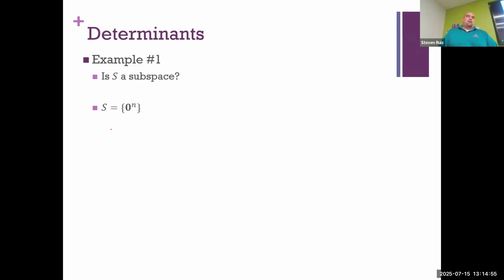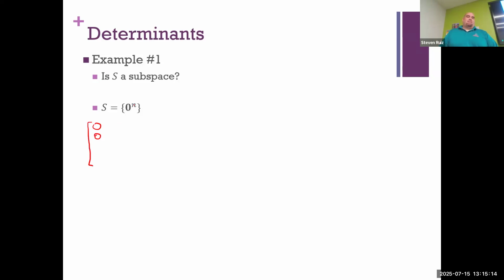What about addition? I mean, I can always add, but what's special about if I add things together? Okay, so what kind of things are in this subspace? There's only one vector in here.